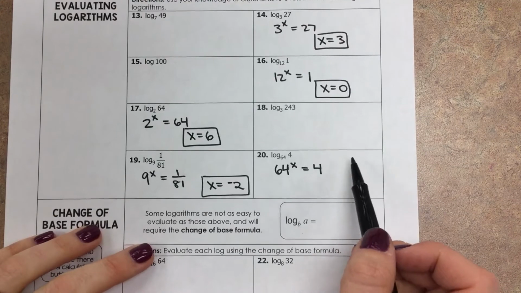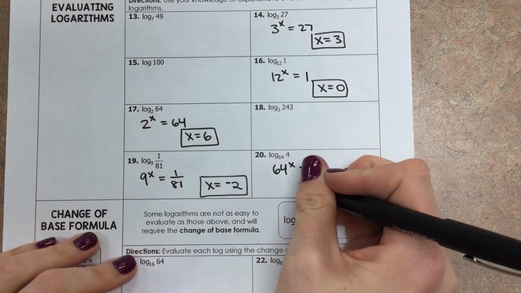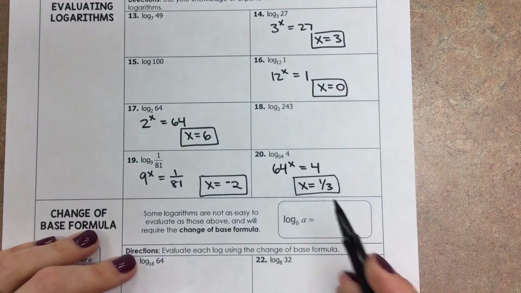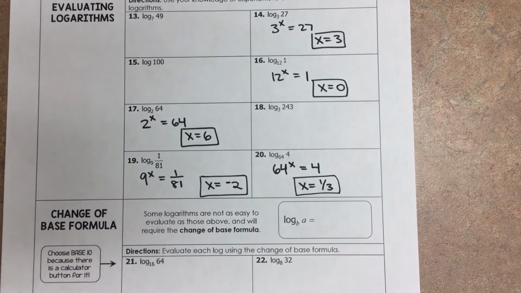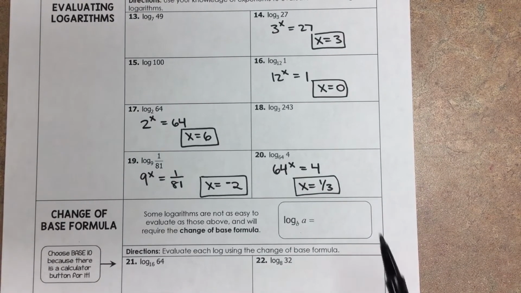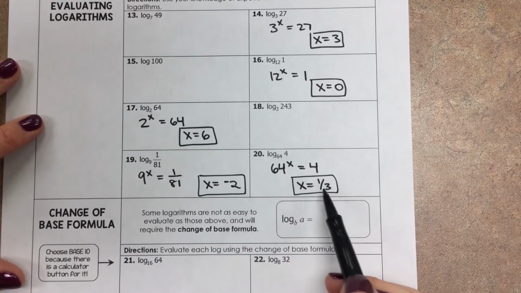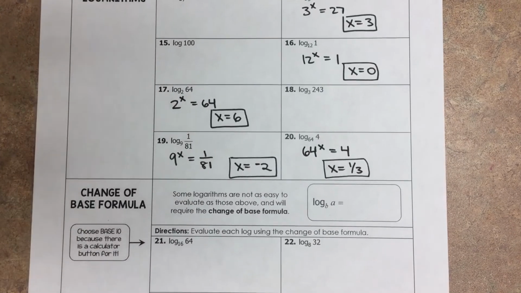Because we know that 4 to the third gives us 64. So to go backwards, it's actually 1/3. Remember, 1/3 represents the cube root. We have like 1/2 represents the square root, 1/3 represents the cube root, etc. So this 4 to the third is equal to 64, which means 64 to the 1/3 is equal to 4, if you're taking that backwards. So a little practice with those.